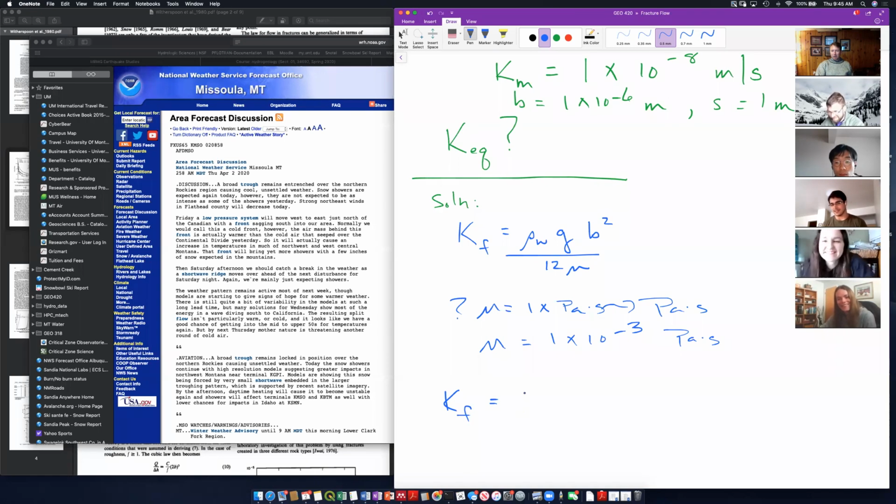So density of water, what'd you use? 1,000 kilograms per cubic meter. Then times 9.8 newtons, and then times K sub M, sorry. Where am I looking here?